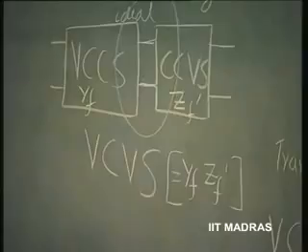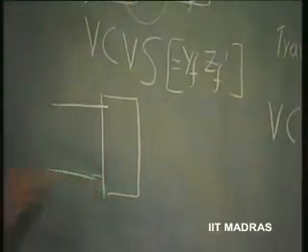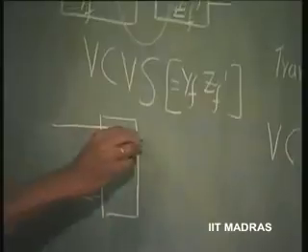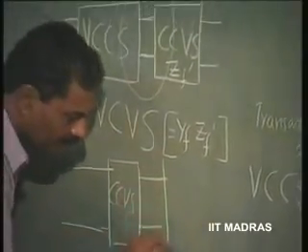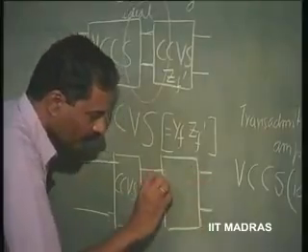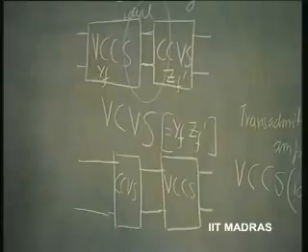Now, this is not all. You can get current control current source ideal by first putting current control voltage source, cascade it with voltage control current source. So, look at it.